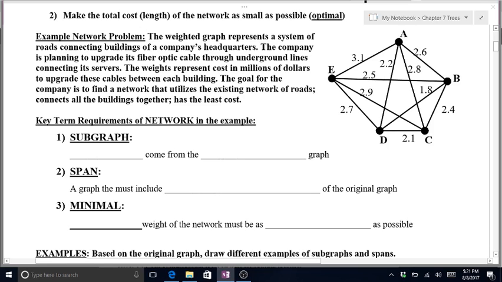The goal for the company is to find a network that utilizes the existing network of roads and connects all the buildings together. In other words, has the least cost. So these are the types of problems that your electricians are going to look at. City plumbing, okay? They don't want to spend a lot of money in order to connect different things.